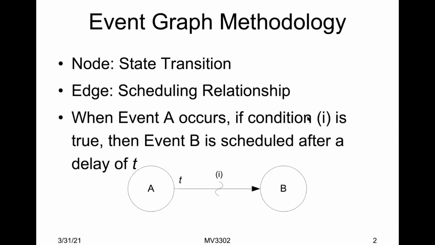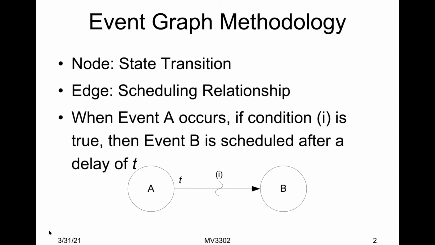So what is an event graph? If you remember, the key elements of a discrete event simulation model were the states. And the important thing about states were these state trajectories and these things called events, which have to do with the state transition. So remember, a state transition is an instantaneous change from one value to a next value. And that's something that we identify as an event.